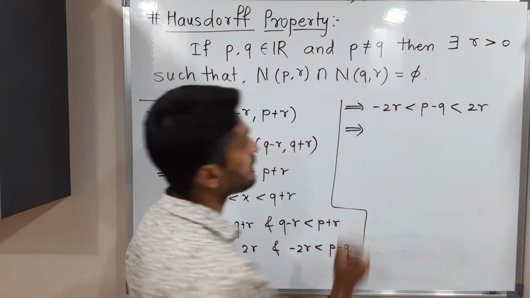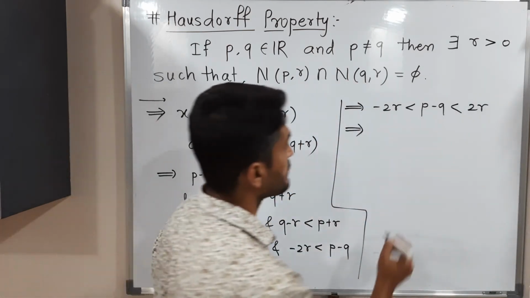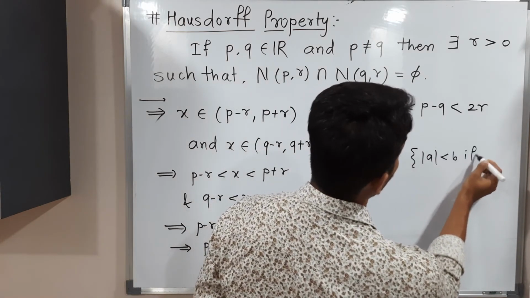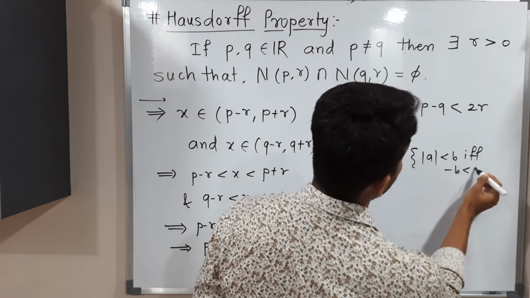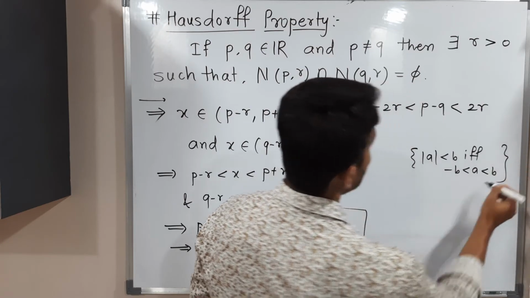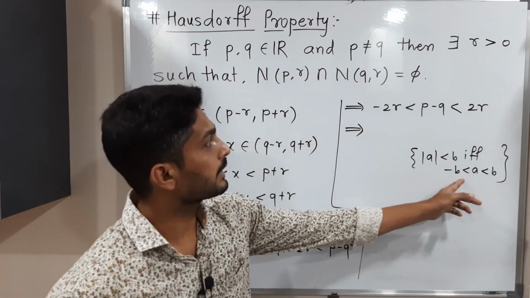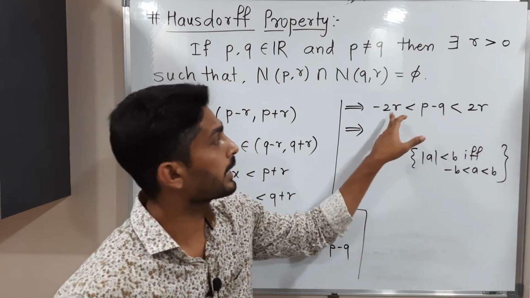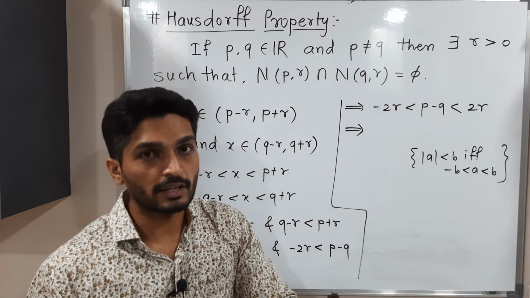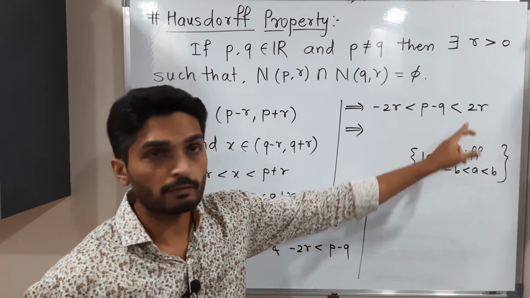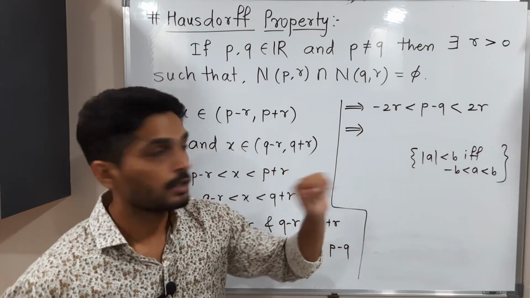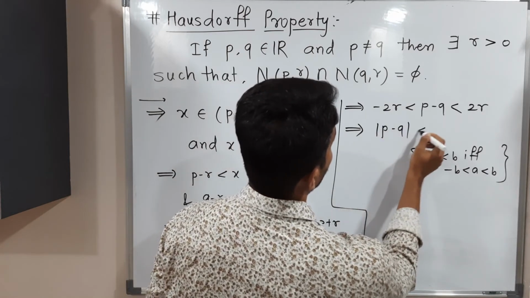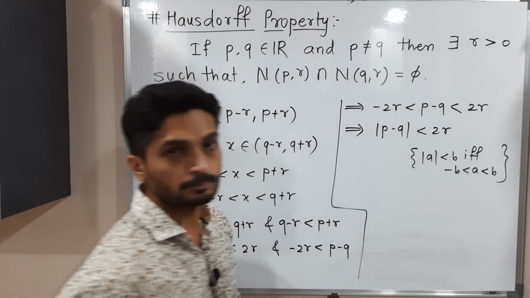There is one result that I am going to use. That result is mod a less than b if and only if minus b less than a less than b. This result we have already seen, and we are getting an inequality of this type, minus b, b. So here also 2r and minus 2r, the same kind of thing. Our value of b is 2r and value of a is p minus q. So if I use it in this way, mod p minus q less than 2r.